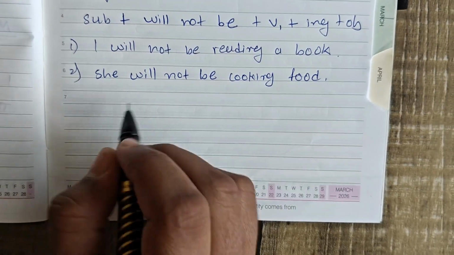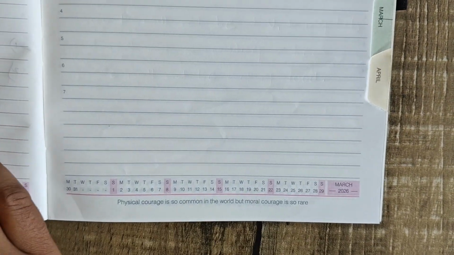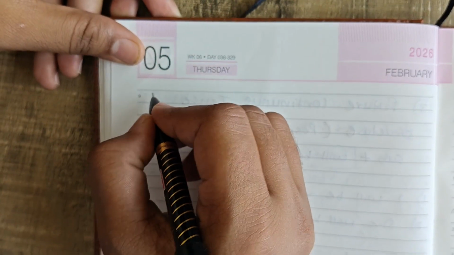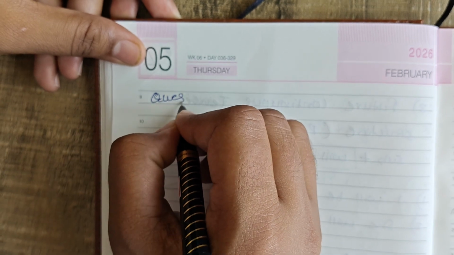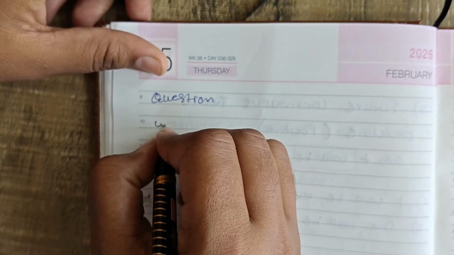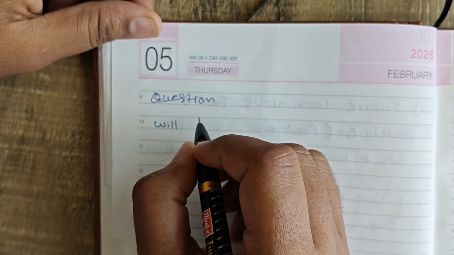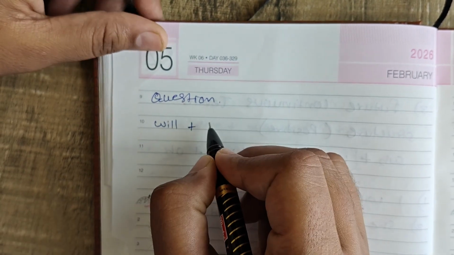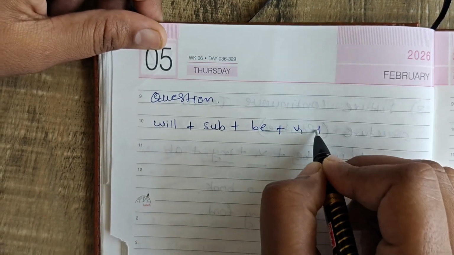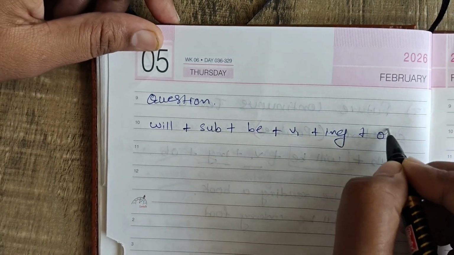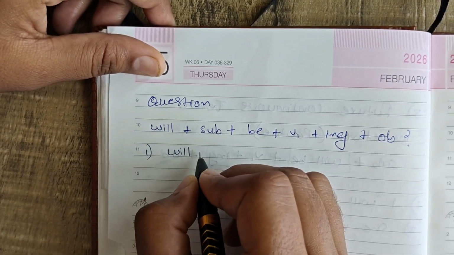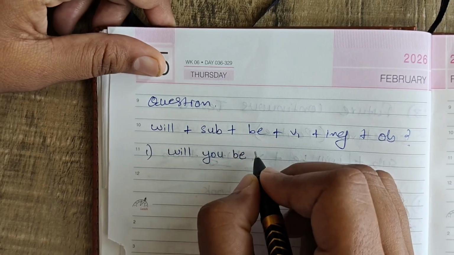Now let's see how to ask a question. Will comes first, so there is some difference here. Will plus subject plus be plus v1 plus ing plus object, then question mark. First one is, will you be reading a book?